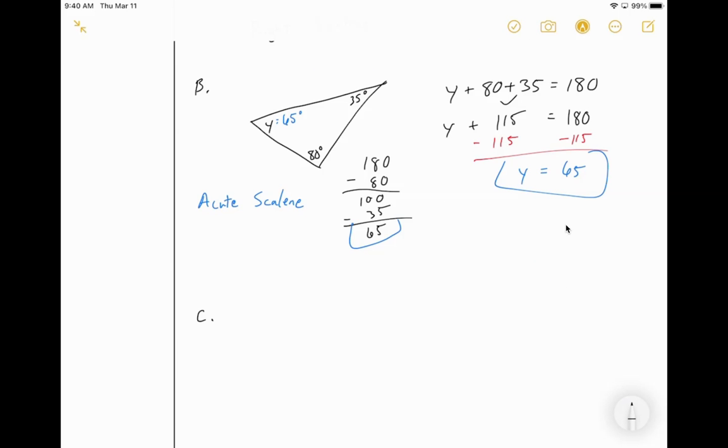How about this one? Okay. Can you find W, please? Yep.